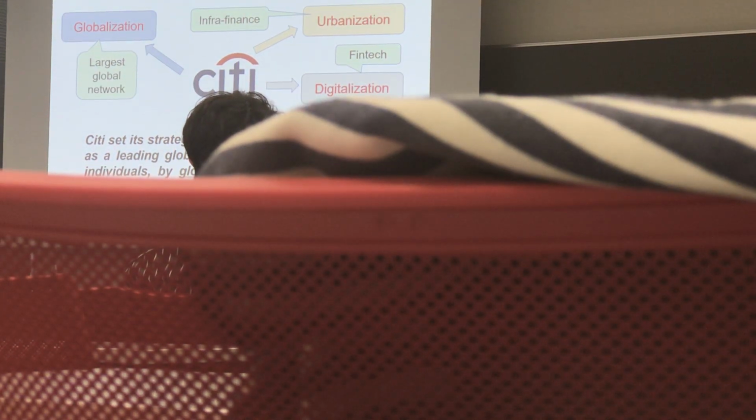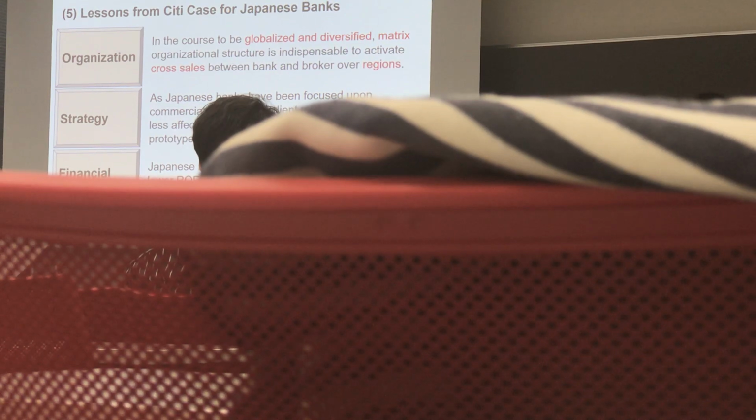And today, Citi and other major global banks are targeting three major topics. One is globalization, digitalization like fintech, and urbanization. Urbanization is some countries catching up with the developed countries by developing infrastructure. And the lesson from Citi for Japanese banks is, as you saw in the mini test, matrix organization should be necessary.